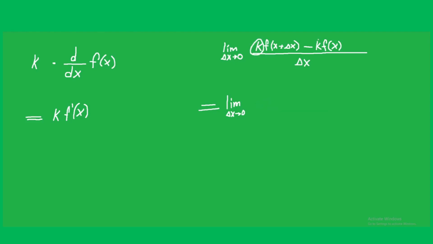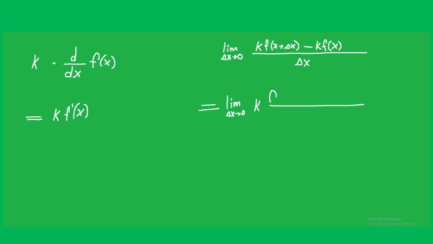You see a k here and a k here. So I'm going to take both of these out and sit them outside of the difference quotient. I'm going to put k right here, and then I'm just going to rewrite the difference quotient. I factored it out of the fraction. That's what I'm looking for.